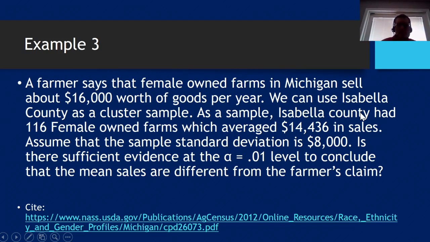As a sample, Isabella County had 116 female-owned farms, which averaged $14,436 in sales. Assume that the sample standard deviation is $8,000. Is there sufficient evidence at the alpha equals 0.01 level to conclude that the average sales are different from the farmer's claims?